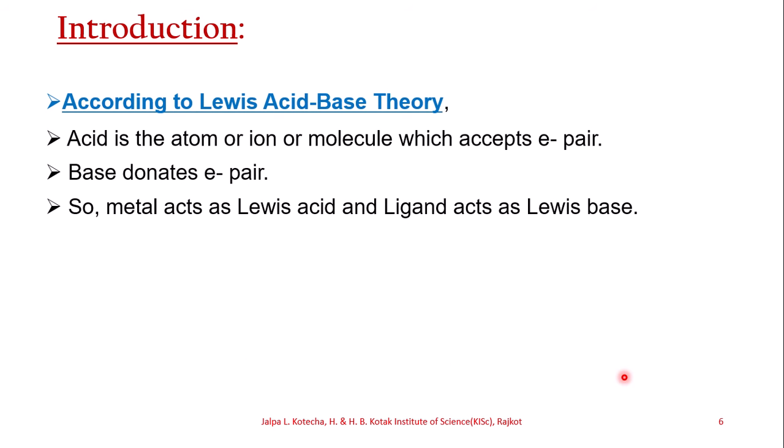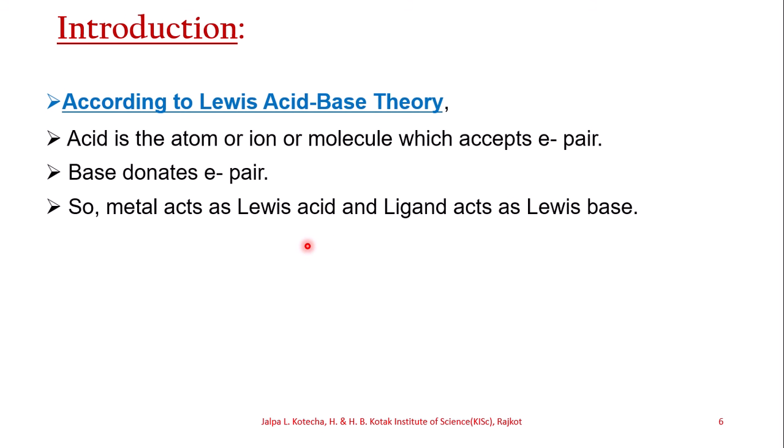Now according to Lewis acid base theory, in the case of a metal and ligand, if we define this in terms of acid and base: an acid is an atom, ion or molecule which accepts the electron pair. So in the case of a metal and ligand, who accepts the electron pair?